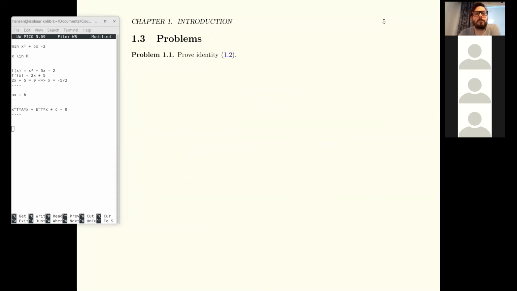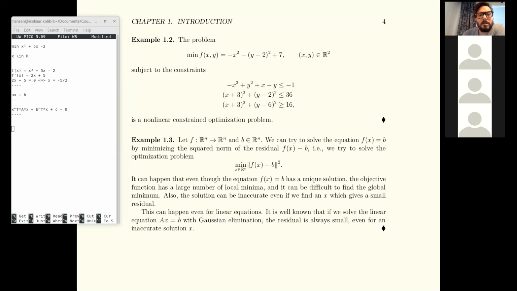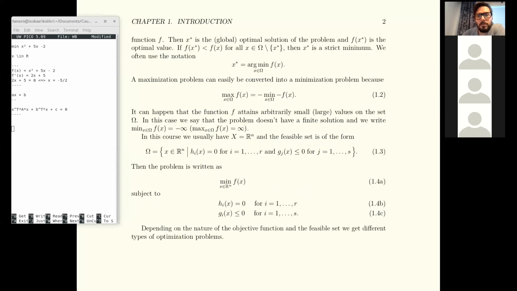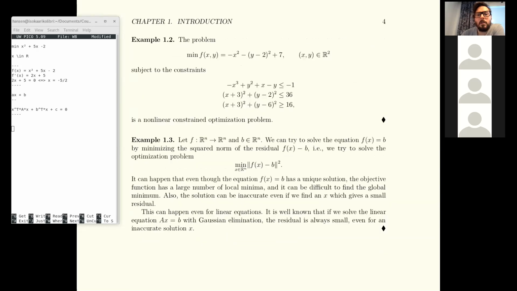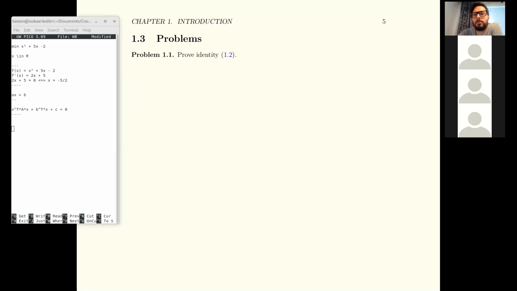Okay, so for the first session's problem, one that you might want to discuss or think about is proving the identity 1.2, which is stated here: the maximum and the minus of the minus is the minimum. Not going to go through that here.